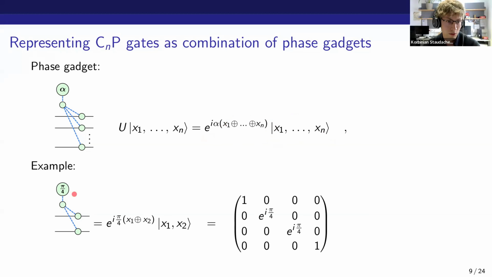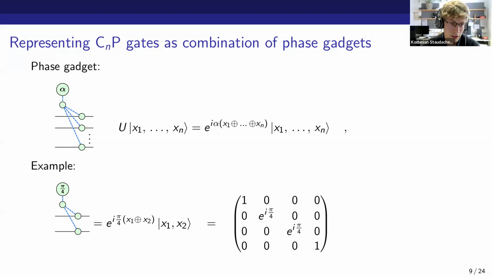So for instance, if we have here as an example this phase gadget with pi/4, which is connected to two outputs here, we realize this transformation, e to the power of i pi/4 times (x1 XOR x2).